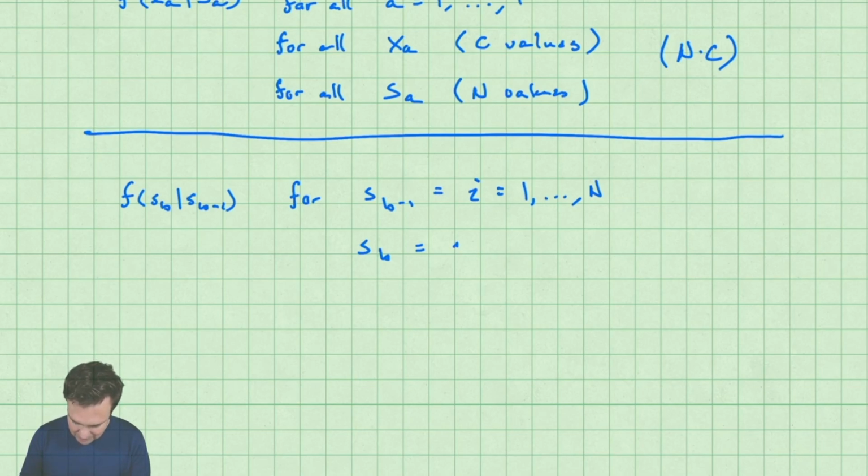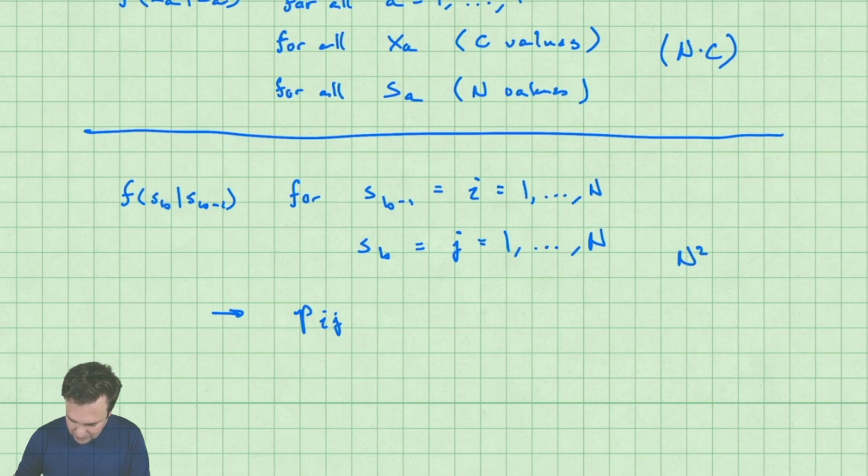Let's call this j, so that's also 1 up to n. And those guys are the equivalent of the Pij. These are the one-step transition probability matrix, and there are n squared of those that you need to have.